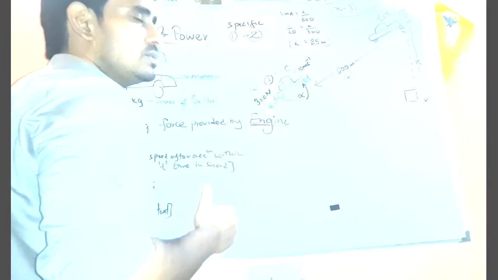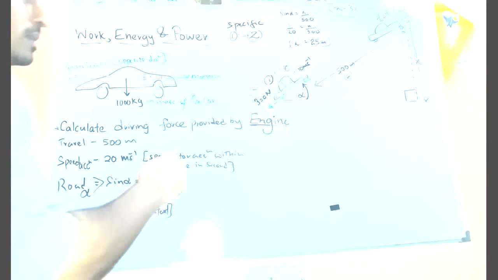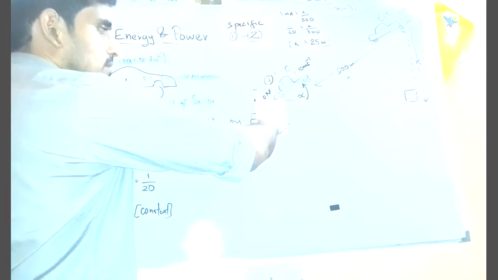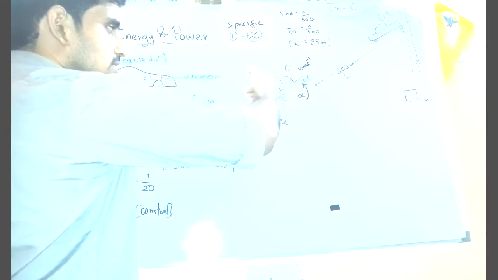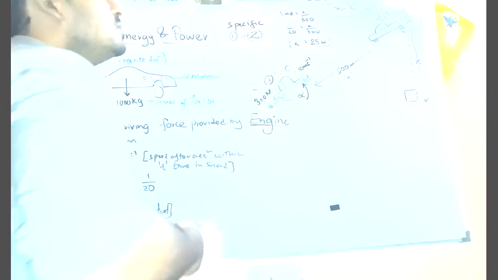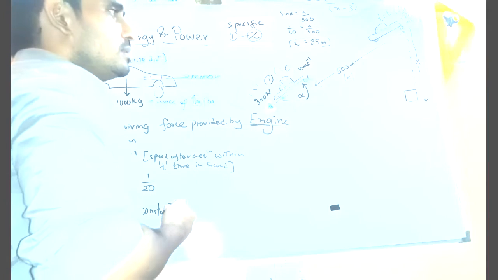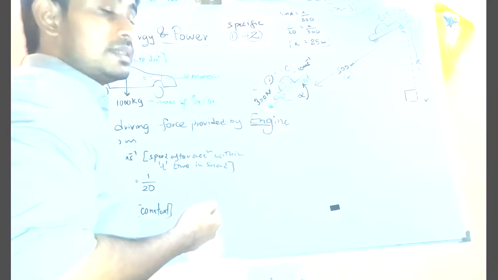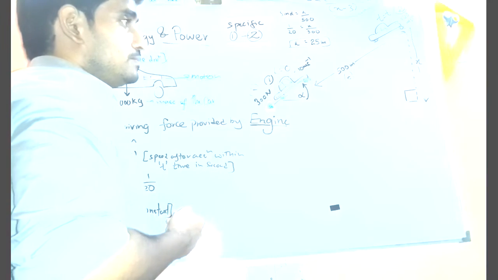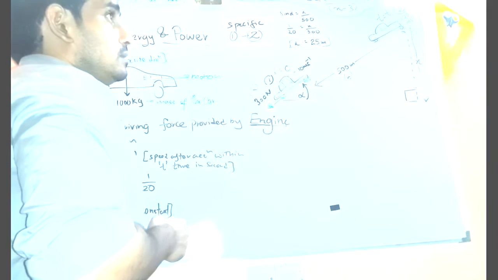During this motion, there is a constant resisting force that acts in a direction opposite to the direction of motion. When you consider a vehicle, there are lots of resisting forces that resist the motion, for example rolling resistance, aerodynamic drag, gradient resistance.